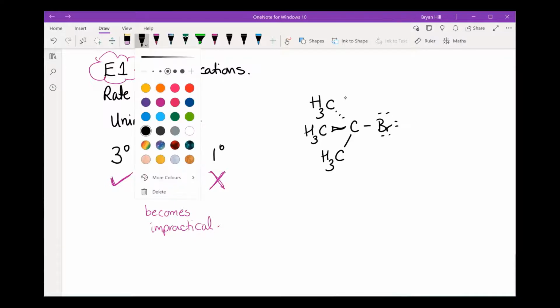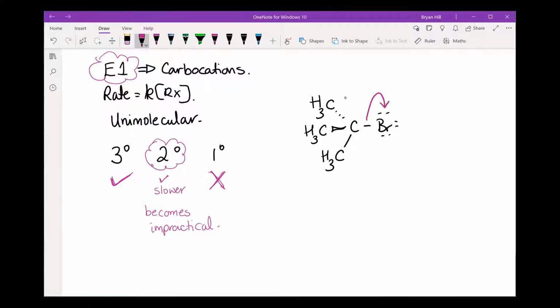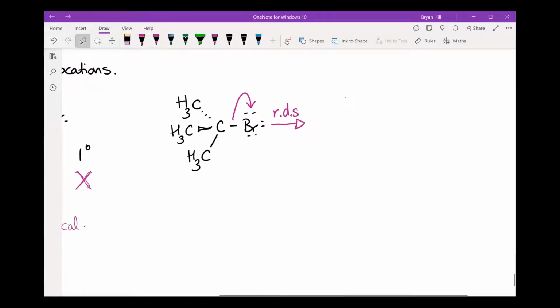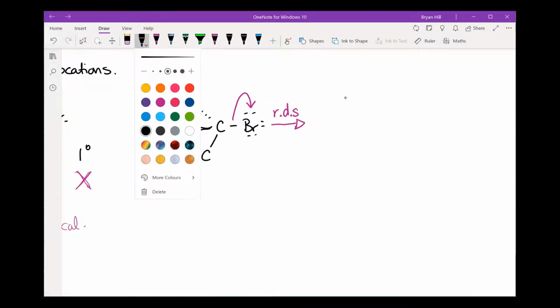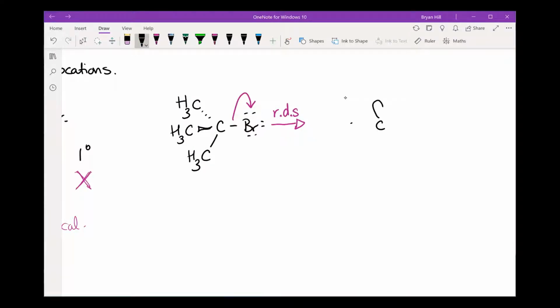So the rate determining step is going to be that the leaving group leaves with its electrons, and we are going to form a carbocation. So here's our carbon. This is technically coming towards us, and that's technically going away.